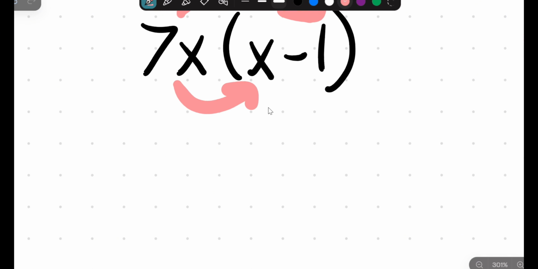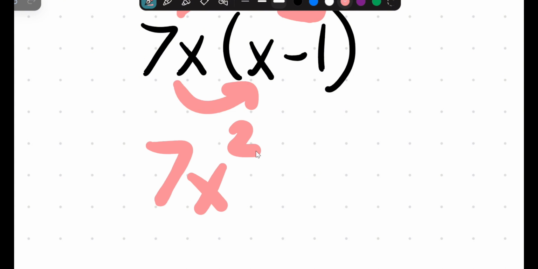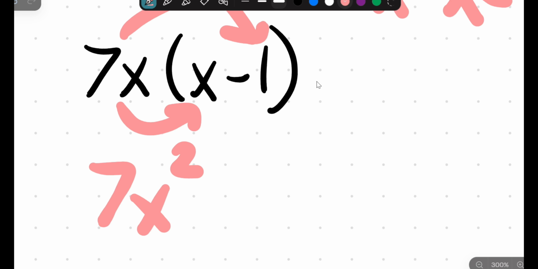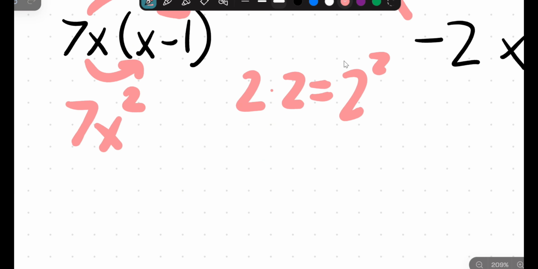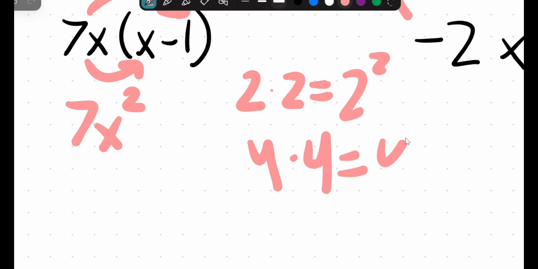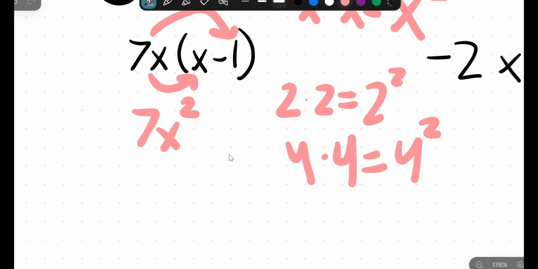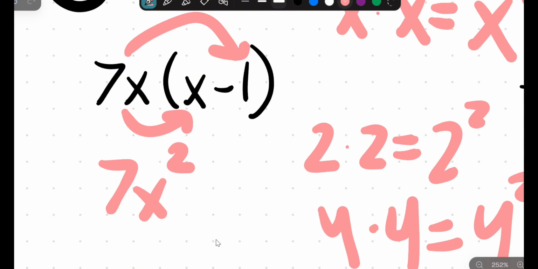So instead of this just becoming 7x, it becomes 7x squared, okay? Because it's an x times an x, we're multiplying something by itself, right? If we did 2 times 2, that could also be written as 2 squared, or 4 times 4, that's 4 squared, right? Okay. Then we're going to distribute the 7x to the negative 1, and it just becomes negative 7x.